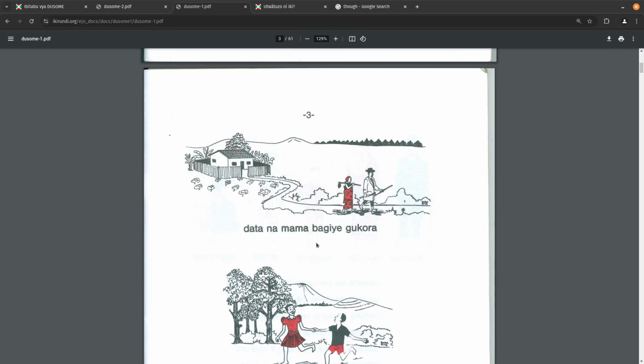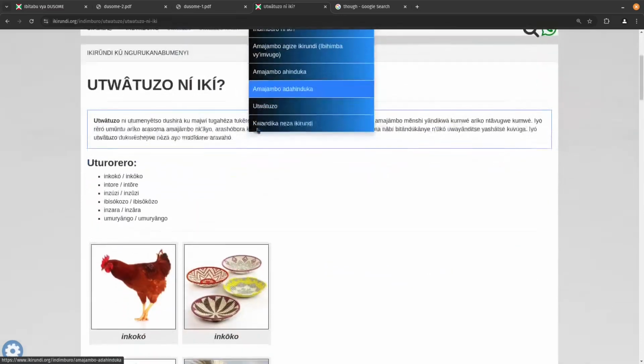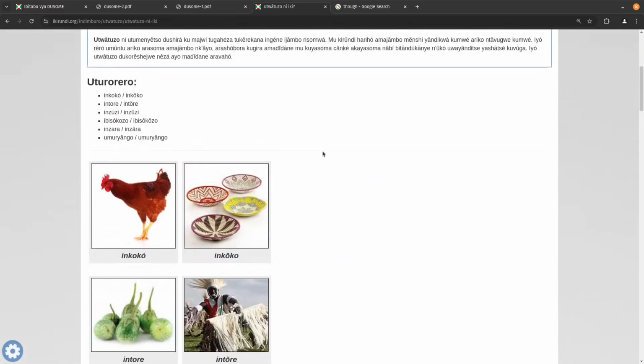So pronunciation is very important in the language because it could change the entire meaning of what you're trying to say. An example, going back to this website that I found, based off of the pronunciation, these are the same words.